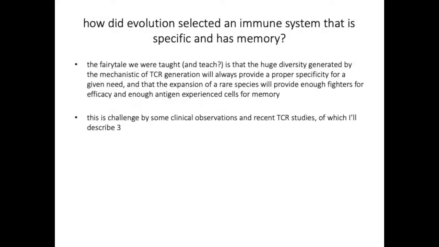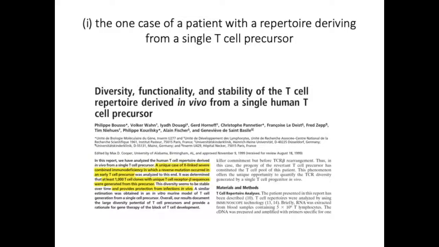But this is challenged by many recent studies, and some are not so recent. I'm going to show you three pieces of evidence that challenge this, in addition to what I showed you earlier. First, this is a paper published quite some years ago, in 1999.